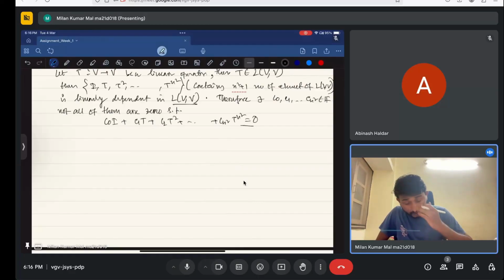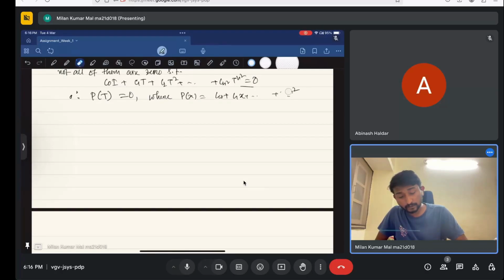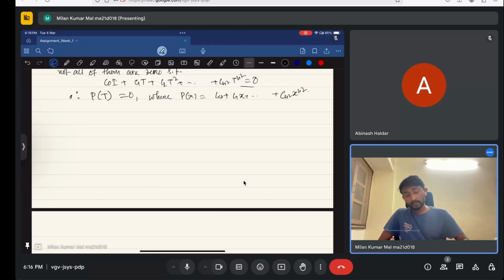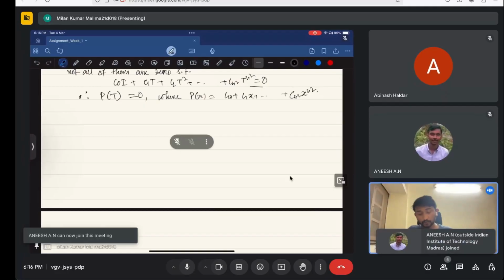Therefore there exists a polynomial p such that p(T) is equal to 0, where p(x) is given this way: c0 plus c1 x plus all the way to c n square x to the power n square. So for this polynomial this becomes 0.